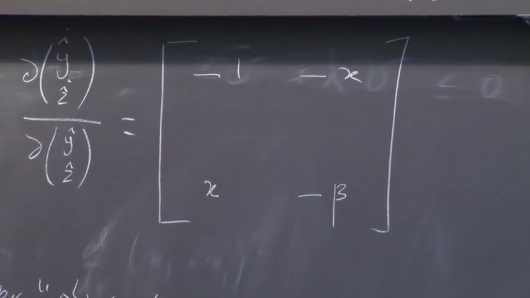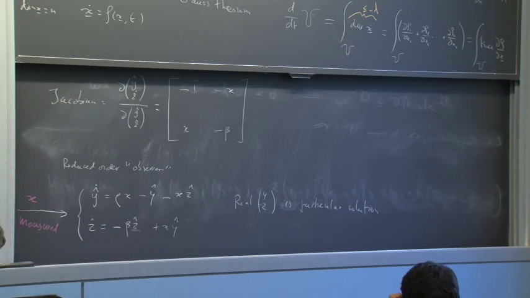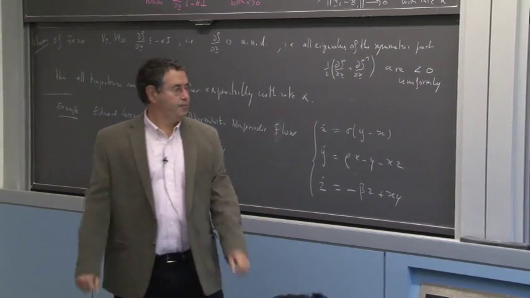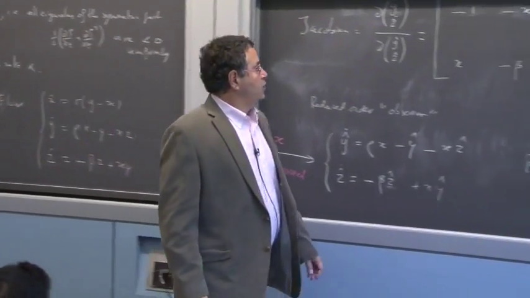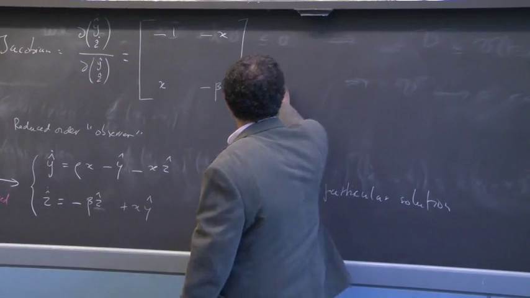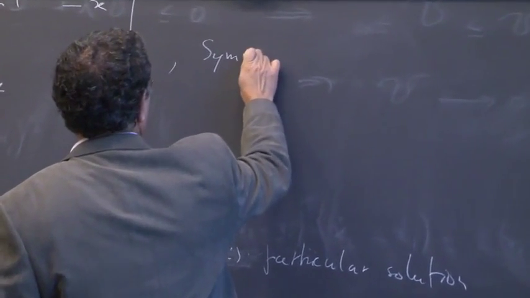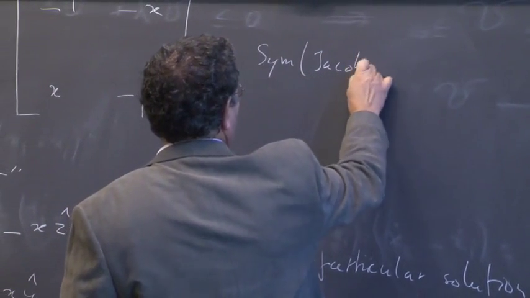Right? Because x, of course, is this external variable. For this system, it's just x of t, right? So it's just a function of time. So what about the symmetric part? The symmetric part of this Jacobian, what is this equal to?